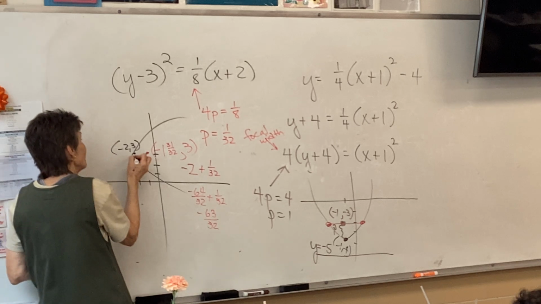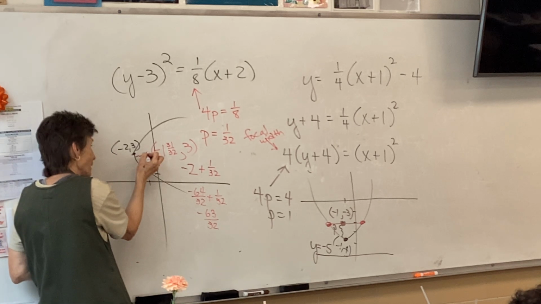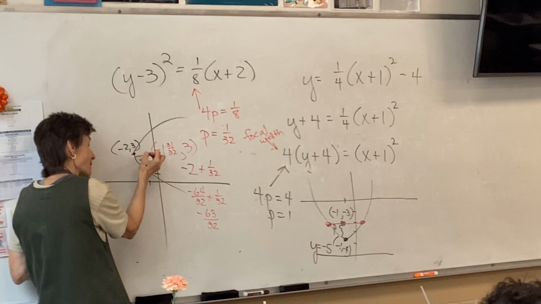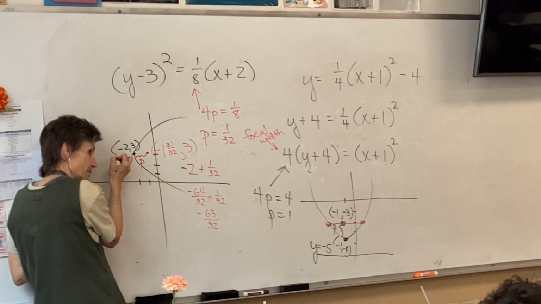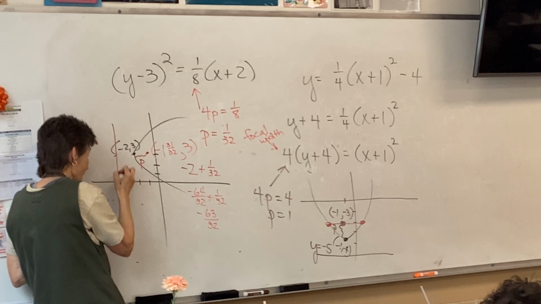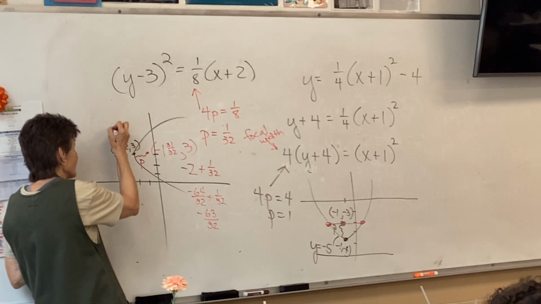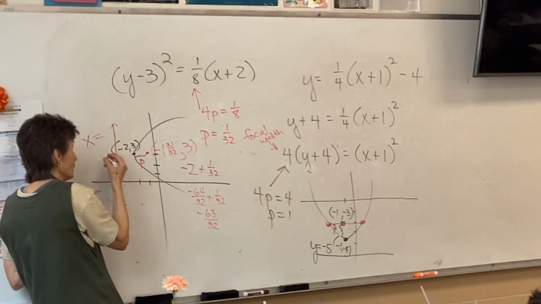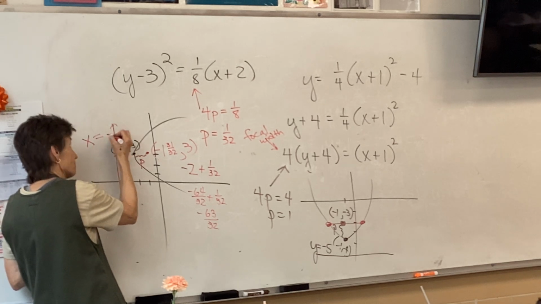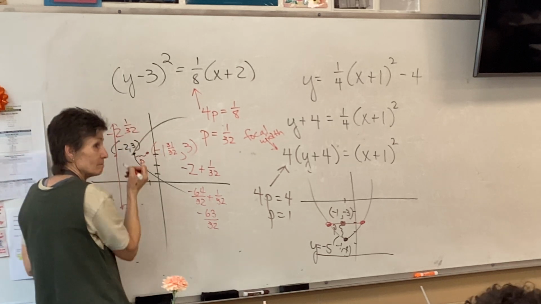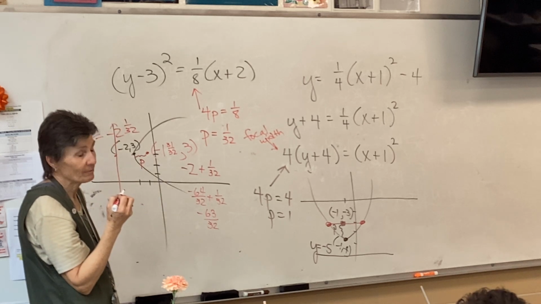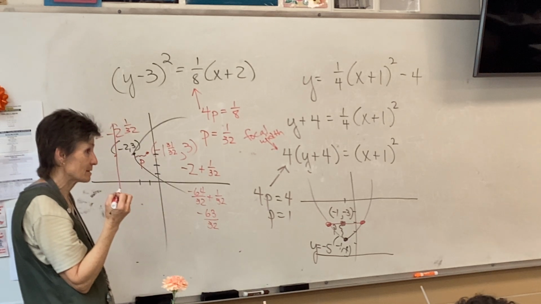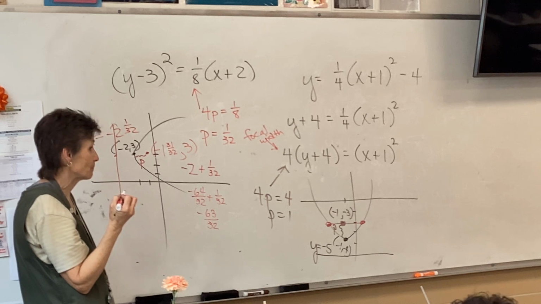If I went forward 1/32 for my focus, I'm gonna go backward 1/32 for my directrix. This is a line. It will be the line where x equals -2 and 1/32, or -65/32 if you like the improper fraction.